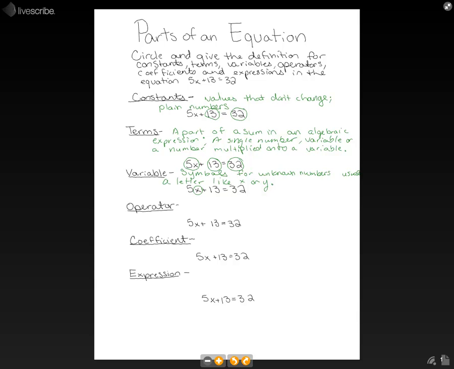Next, we have operators. Operators are a symbol that represents a math process like addition, subtraction, multiplication, or division.